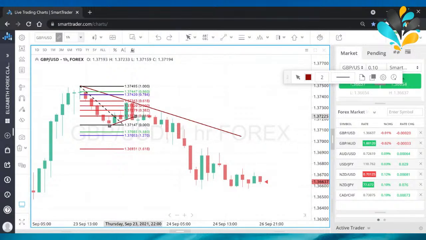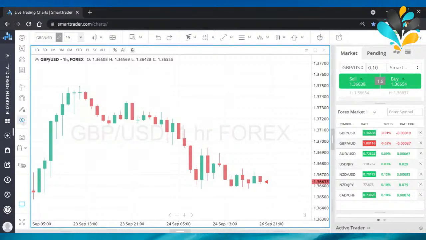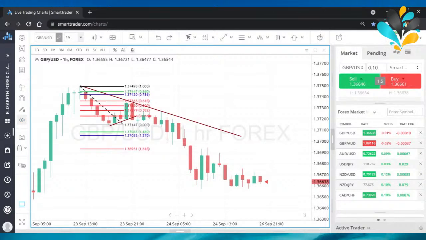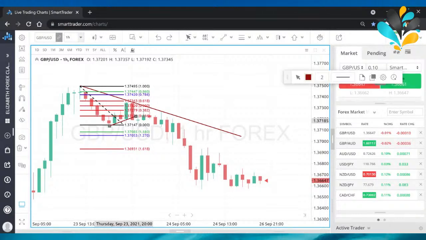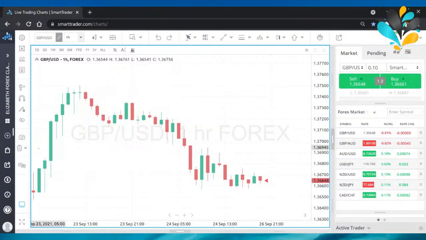So let's say you just want to see the actual candles themselves. Then what you would do is just hide the drawings and you can see just the candles. You can click on it again to view your drawings whenever you're ready to go back to them. And again, just delete all drawings.